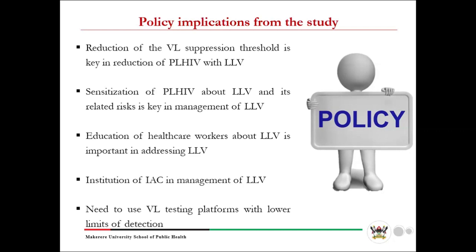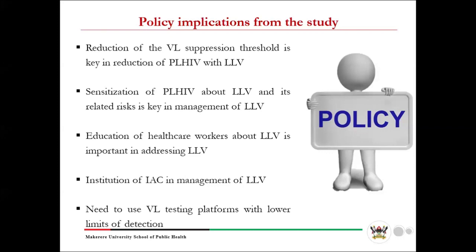If a machine can't see any virus below 500 or any viral copies below 800, and here we are talking about virtual elimination of vertical transmission of HIV, and this mother has 700 copies per mil and we can't detect it and do the necessary interventions, I think that puts us really behind and backwards in these efforts against HIV.